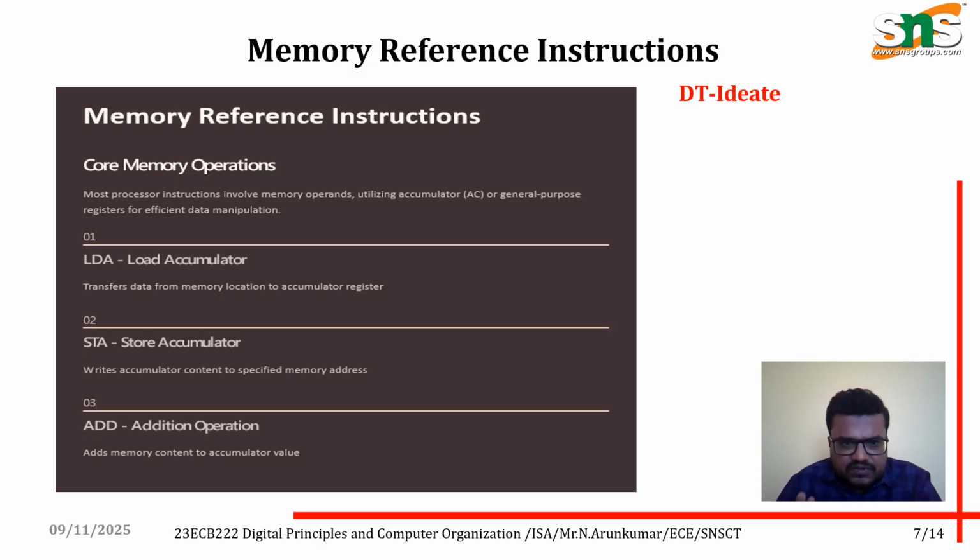For example, if we take LDA, load accumulator, once the instruction is finalized, it moves towards the load accumulator. Once the information is right, it is moved to the store, which is called store accumulator. And once all the instructions have been stored in the accumulator, we need to add additional elements using the addition operation command. So these are the reference instructions after finalizing all the instructions to be fetched from the memory elements.